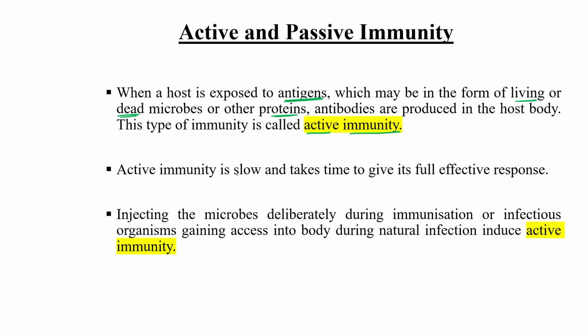Active immunity is slow and takes time to give its full effective response. Deliberately injecting microbes during immunization, or an infectious organism gaining access to our body during natural infection, induces active immunity.